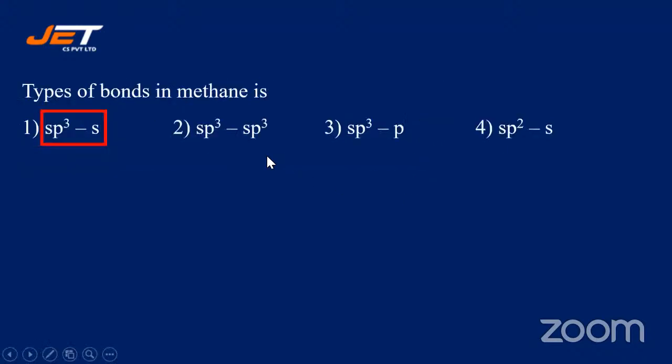Yes, it is option 1, sp3 and s. Very few have answered option 1. Let us move to the next question.